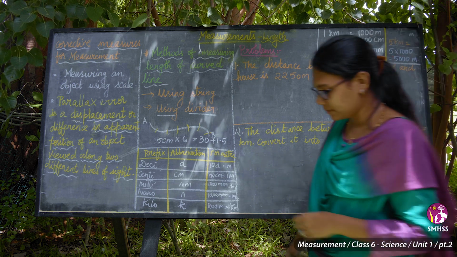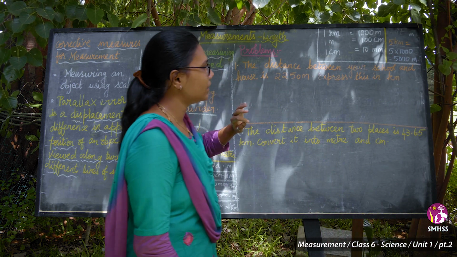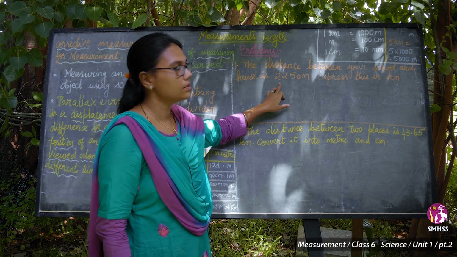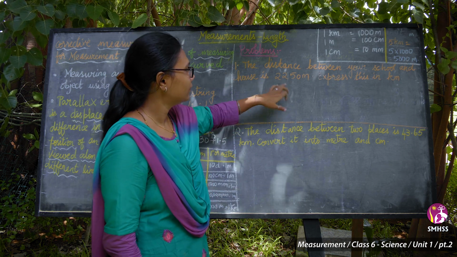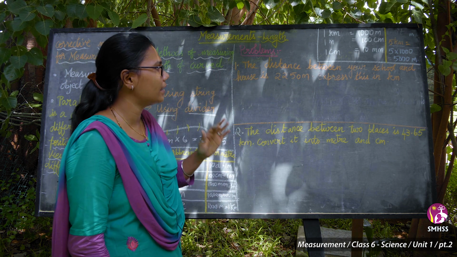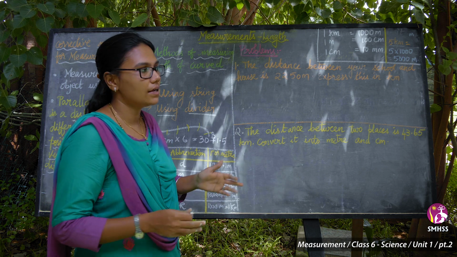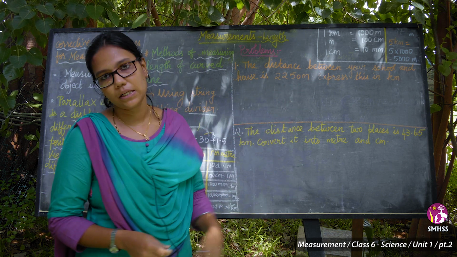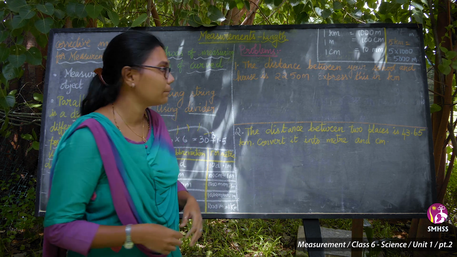See here, another problem we have. The distance between your school and your house is 2250 meters. How will you convert this into kilometers?